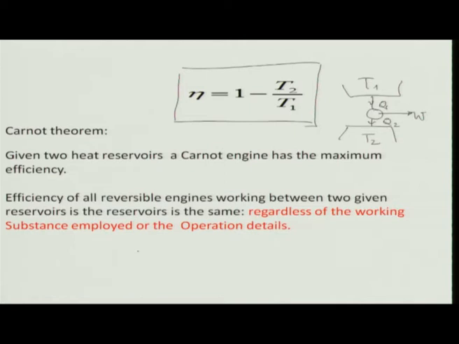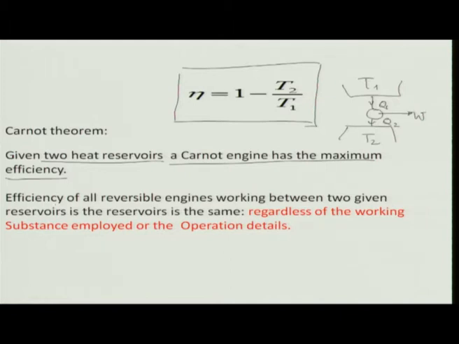Then we proceeded to discuss the Carnot theorem. Given two heat reservoirs, which means T2 and T1 fixed, a Carnot engine has the maximum efficiency. Any irreversible engine will have less efficiency than the Carnot engine.